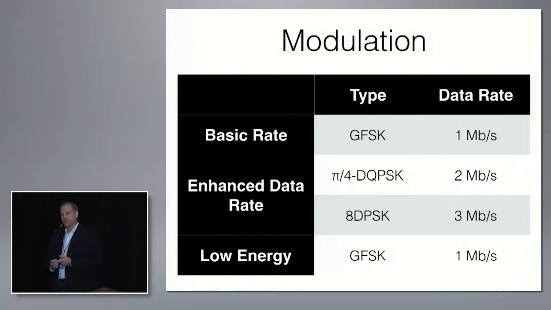Both low energy and basic rate Bluetooth provide 1 meg of throughput based off of this modulation scheme. Enhanced data rate is a little bit different, where you're looking at pi over 4 DQPSK and 8 DPSK, which give 2 and 3 megabit bandwidth, respectively.